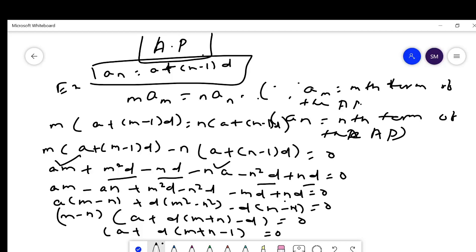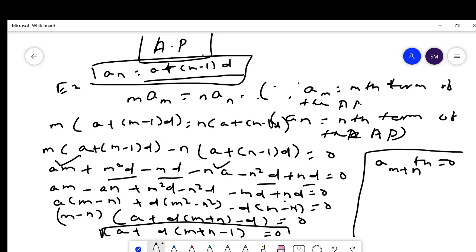What is the nth term? The nth term is a plus n minus 1 into d. Here this is a plus m plus n minus 1 into d, which means the m plus nth term is equal to 0.